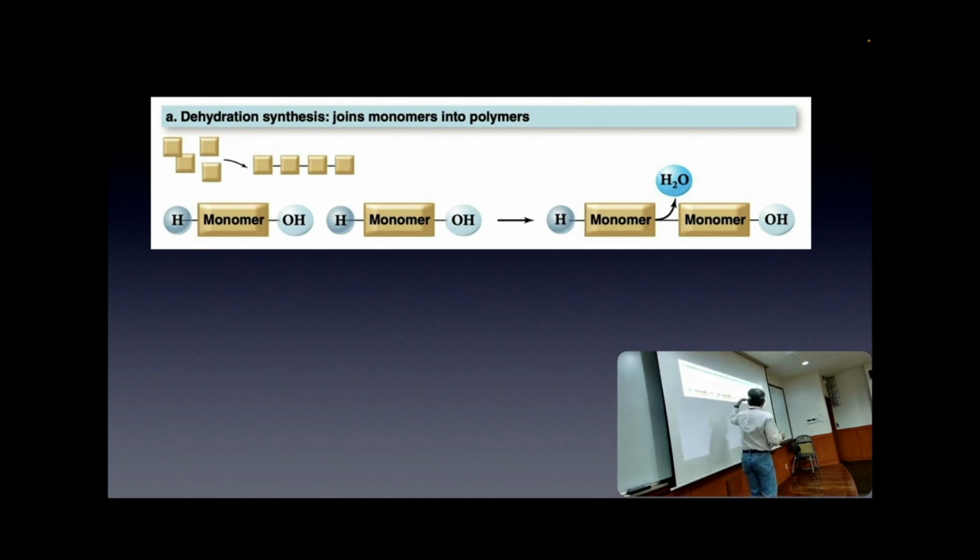It is one particular type of covalent bond where at the end of this reaction, one water molecule escapes, and as a result, you are able to form one covalent bond. That's the nature of this dehydration reaction. And the same dehydration reaction is applied to each of the four different macromolecule formations. That's good. So we don't have to memorize any unnecessary additional thing.